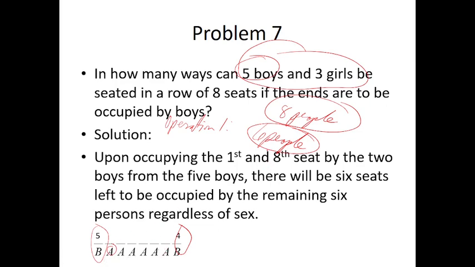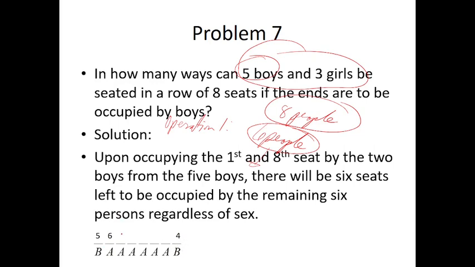So the 6 people, we start with the second seat. Since there are 6 people left for performing operation number 3, selection of a person to be placed at the second seat, that will now be 6. Okay? Because we disregard sex.